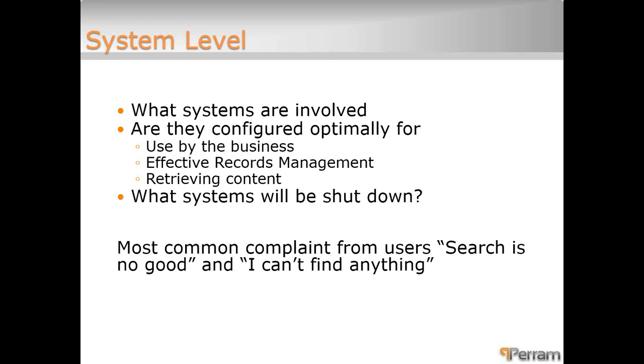It's not a problem with the search capabilities. It's a problem with the information structure within the system and the way we process, tag, and classify the content. And when we appreciate that, and we appreciate how the users want to retrieve content, then we have a chance of being able to configure, tag, classify things in a way that will support that retrieval.